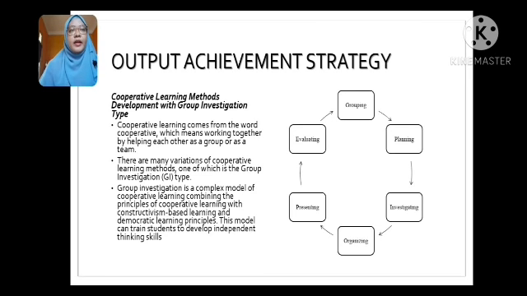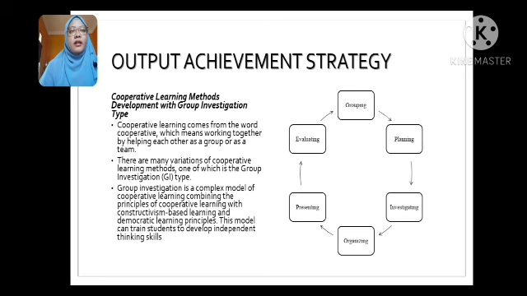Cooperative learning comes from the word cooperative, which means working together by helping each other as a group or as a team. There are many variations of cooperative learning method, one of which is the group investigation type or GI type. The GI type of cooperative learning model goes through the following stages.